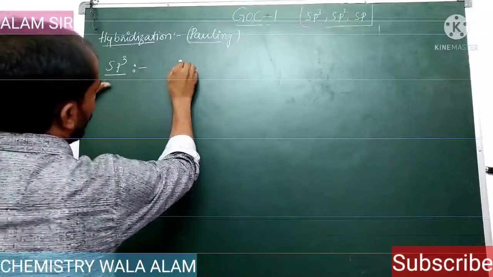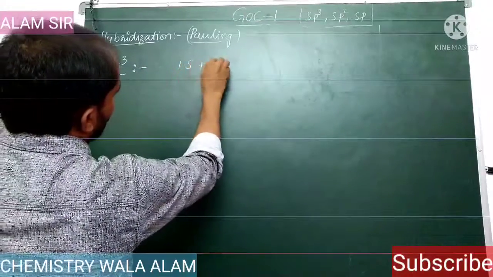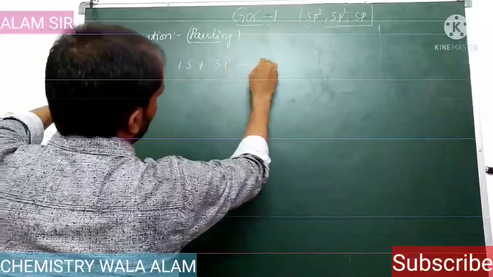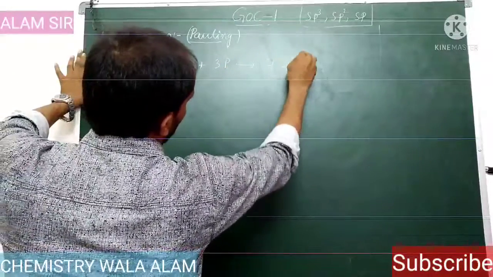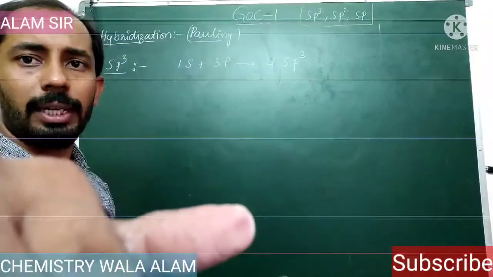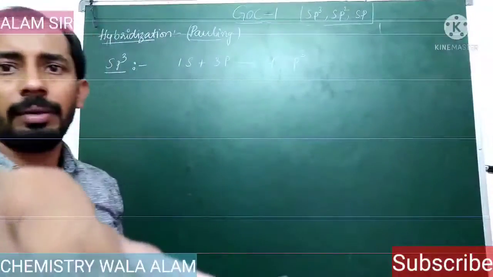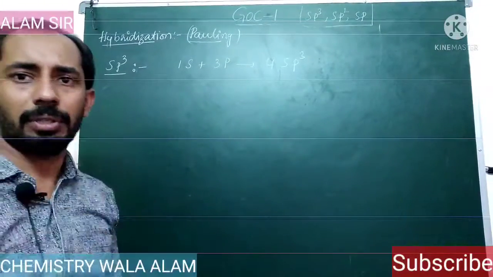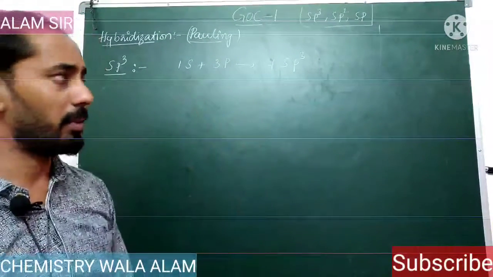Here, 1 s orbital plus 3 p orbitals result in the formation of 4 sp3 hybridized orbitals. Intermixing of 1 s orbital and 3 p orbitals results in 4 sp3 hybridized orbitals.